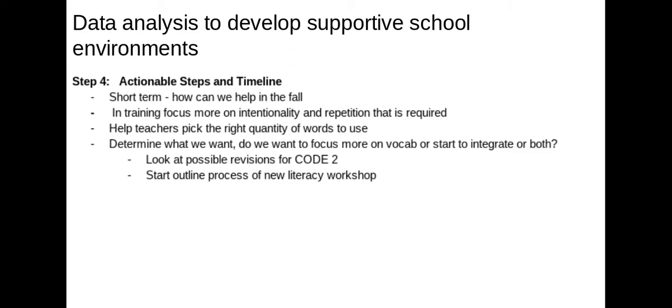And then good ways to focus more on vocabulary, or to start to integrate both of these focuses for the classroom. So either vocabulary strategies or vocabulary choices, and that's something we're going to use to evaluate our future workshops.